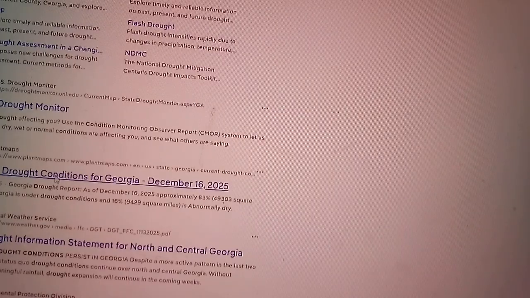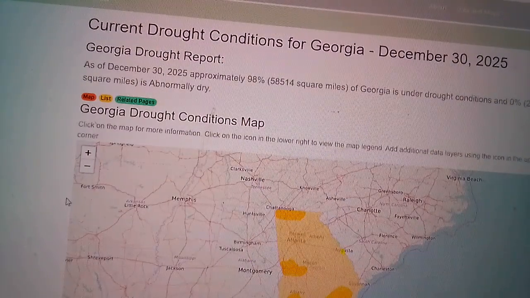Okay, here we go. Current December 16th. As of December 30th, approximately 98% of Georgia is under drought conditions.